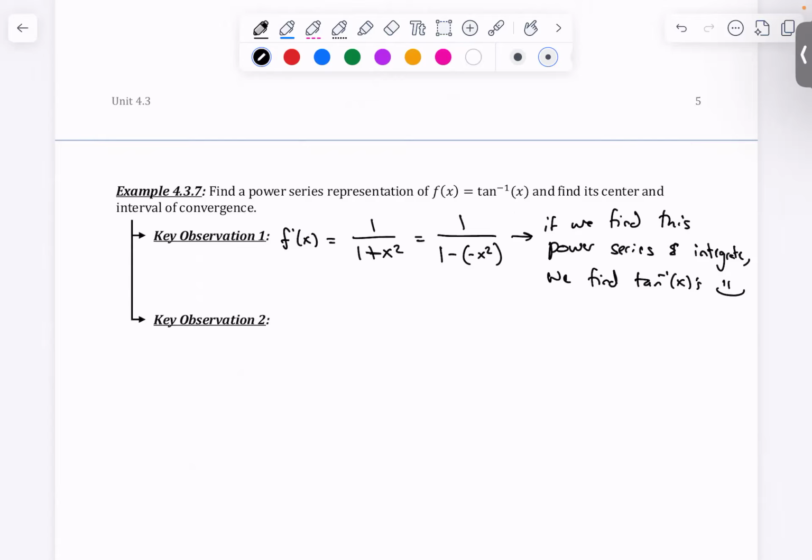So the key observation number 2 is that 1 over 1 minus negative x squared, this is our box right here.